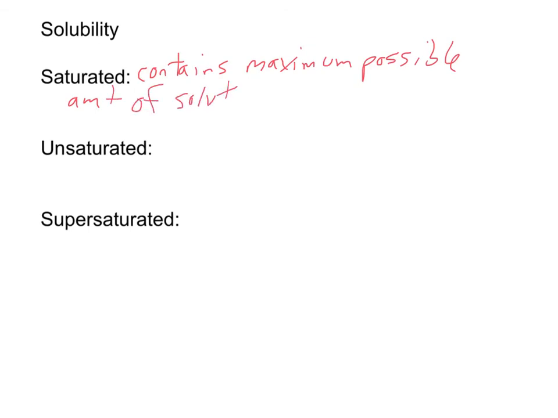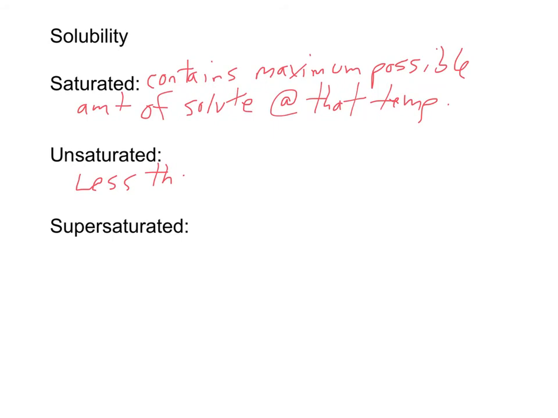That would, of course, contain less than the maximum. And then supersaturated. Supersaturated is more than the maximum, due to a trick that we also discussed earlier in the year. So we won't spend much time on these terms as you should already know them.